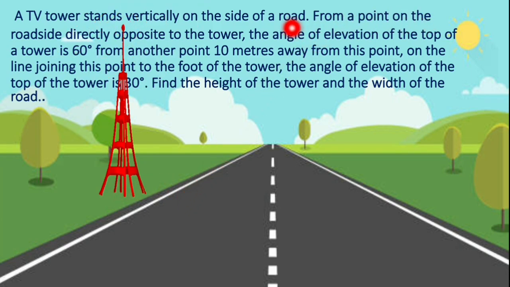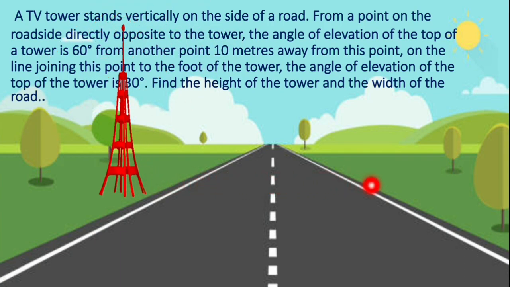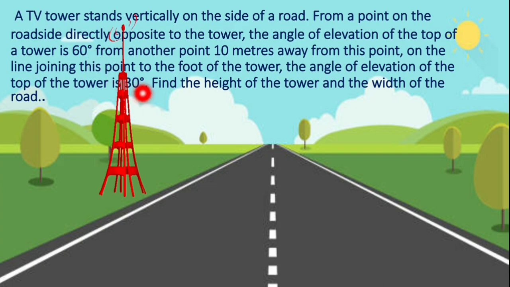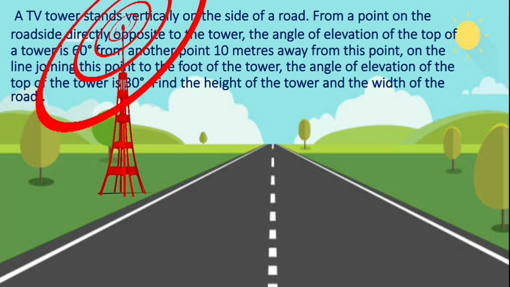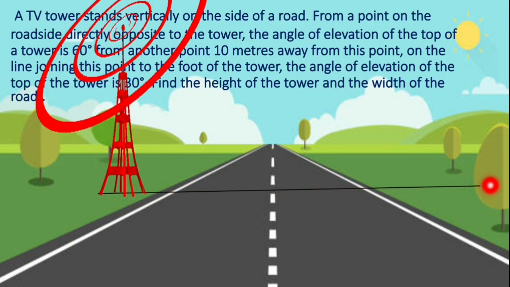And from a point on the roadside directly opposite to the tower, that means exactly opposite from this tower on the other side, the angle of elevation of the top of the tower is 60 degrees. That means from here we have to observe the top of the tower. Just consider a line which joins the tower and road.